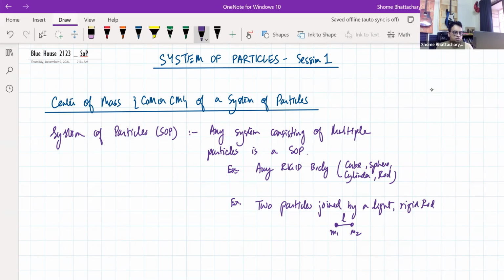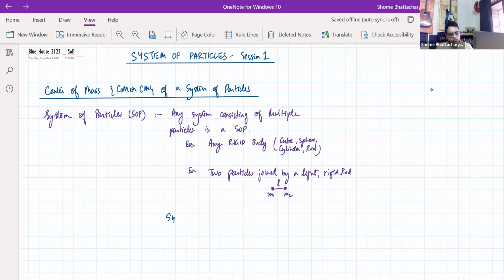Now, based on this general definition of system of particles, we classify systems of particles into two categories. One is called a discrete particle system. Discrete means separate or individual.